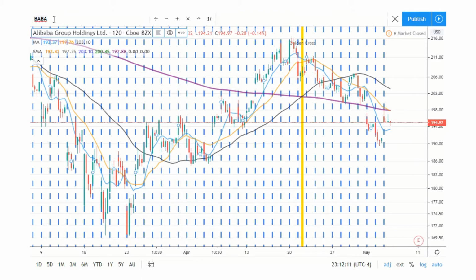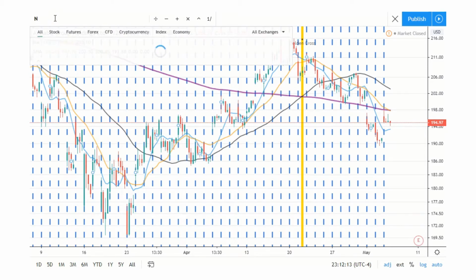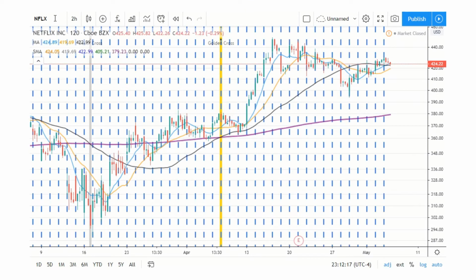Okay, let me just get the chart up. We're looking at the period of March the 10th to present, and I'm going to be scrolling across the screen further back in time because I just want you to see the interplay between both moving averages.